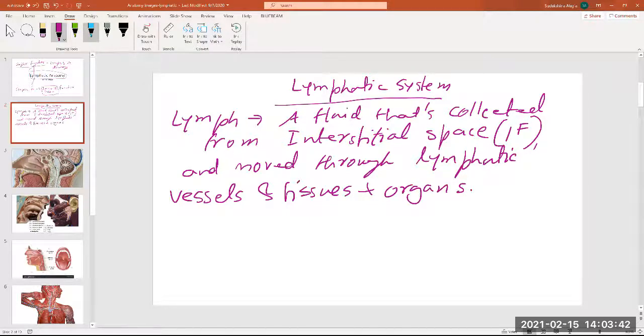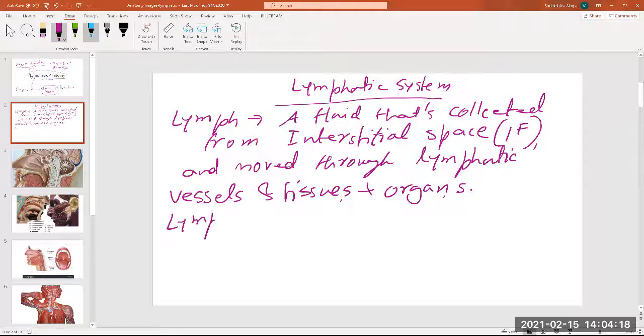So basically interstitial fluid is collected from the interstitial space, and we'll talk about that in the circulatory system. From there, when the fluid is collected, it's channelized via smaller vessels to larger vessels belonging to the lymphatic system, and en route this fluid also passes through some lymphatic organs and possibly some lymphatic tissues, and that's what we refer to as lymph.